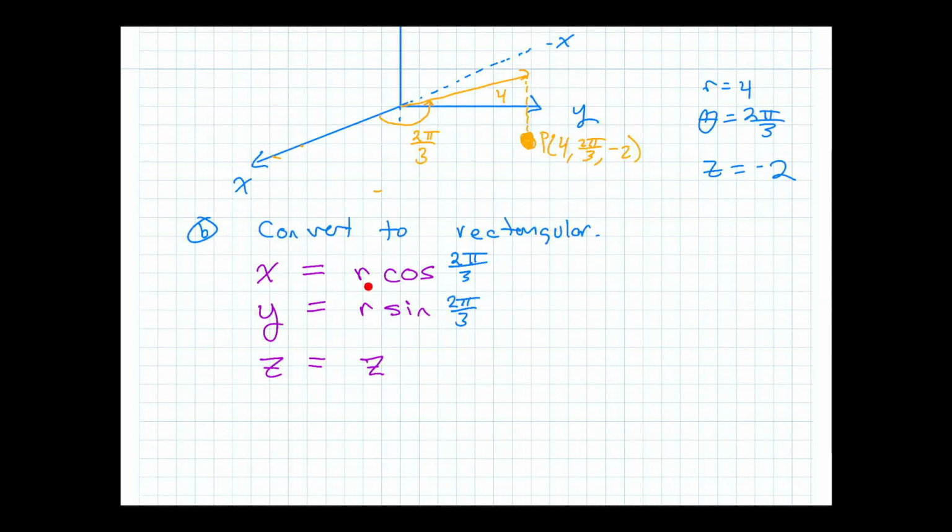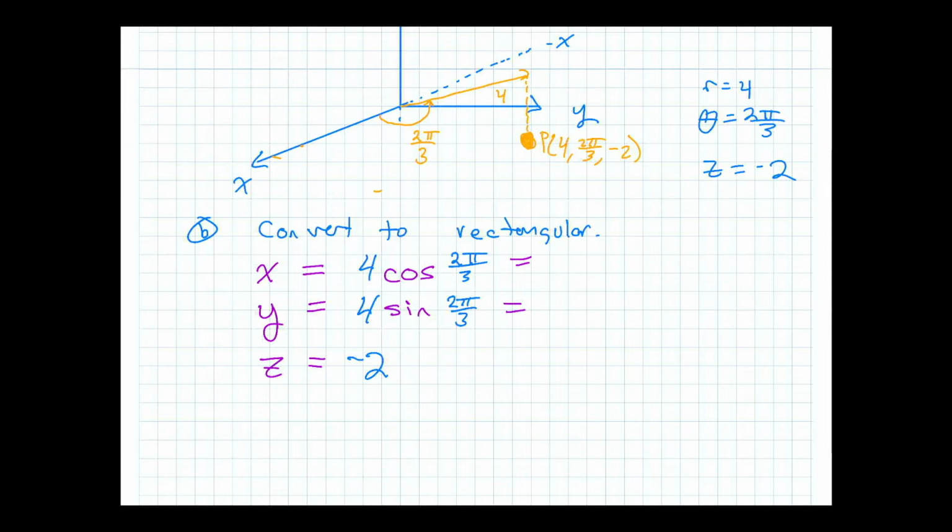We've got r, R is 4. And then z is -2. So it's as easy as that. And then we just need to figure out what these are as numbers.